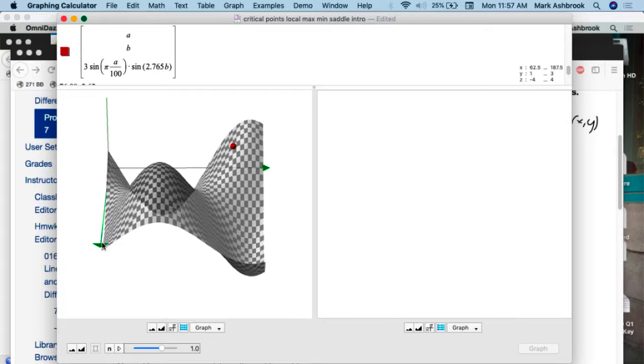Negative x and positive y. So in what quadrant would its direction be? If we're thinking about the R2 plane and directions, what direction would the gradient be?